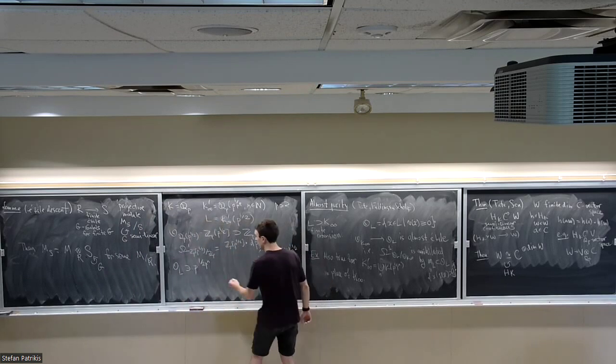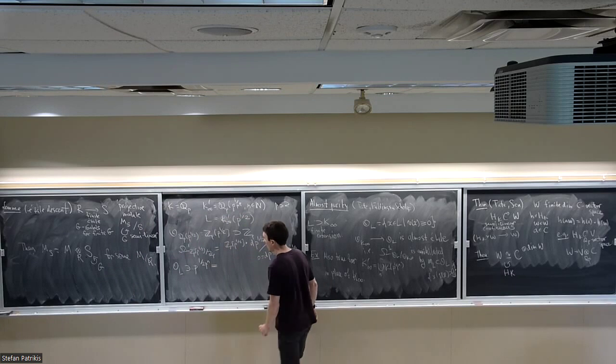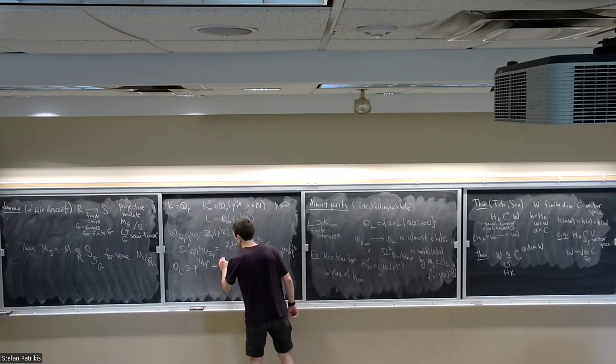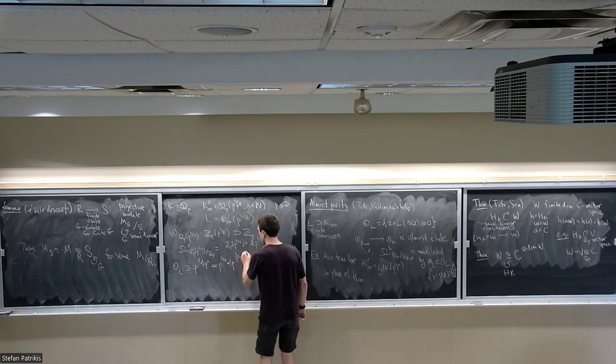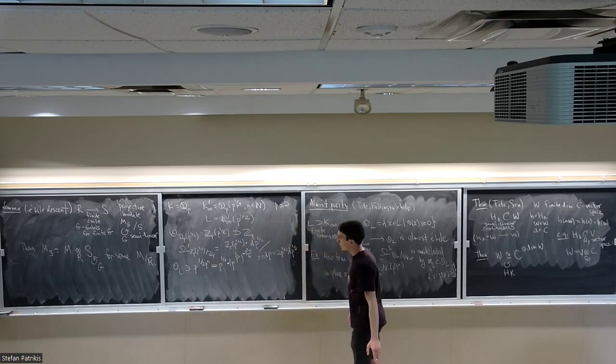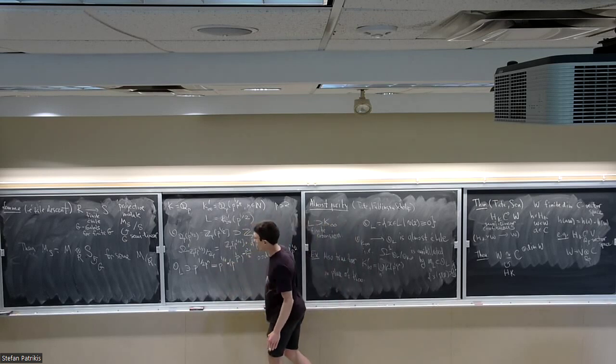Why is this? Well, because I can rewrite this as p to the power 1 over 2 times p to the power 1 over p^n, which is already in my ring, but then raised to this large power. So if you do the algebra, it's going to be an element of this form.